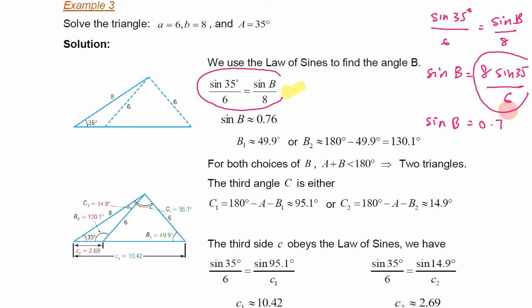Okay, I calculate again. Sine 35. Make sure your mode in the calculator is in degree because you are using degree, not radian. If you forget to change the mode, you will calculate the wrong answer. So you have 0.76.